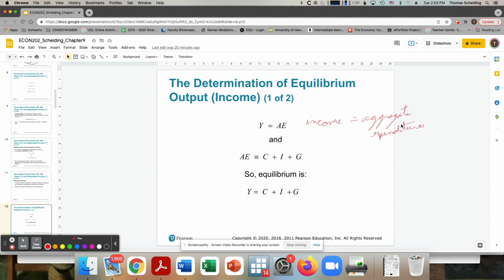That's where equilibrium is occurring, and aggregate expenditures is also equal to C plus I plus G, consumption plus investment plus government spending. If we just substitute that, that's where you get this right here. So there's our equilibrium in our economy: consumption, investment, and government spending.